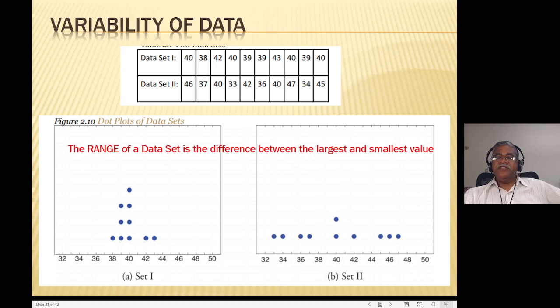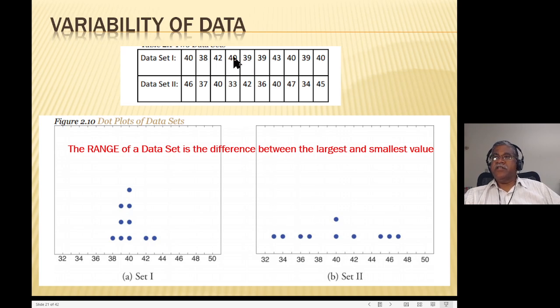And that gives us the definition of a range. If you take the difference between the highest numerical value in the data and the lowest numerical value, you get a range. Here the range is very small, so this has very small deviation. Deviation means how far away it is from the mean. Here the range is high.